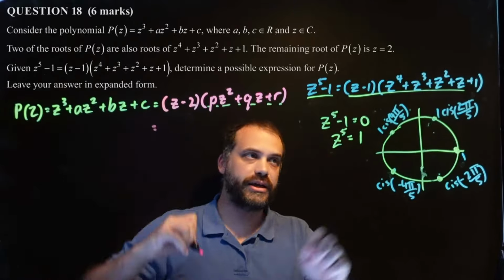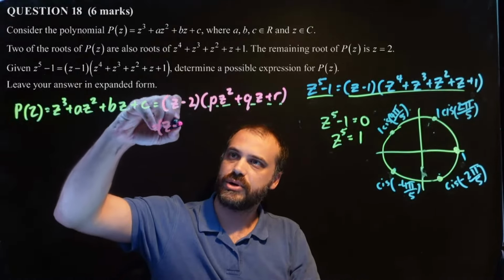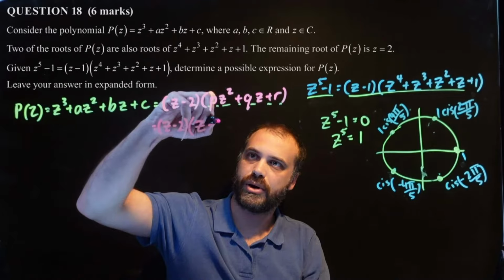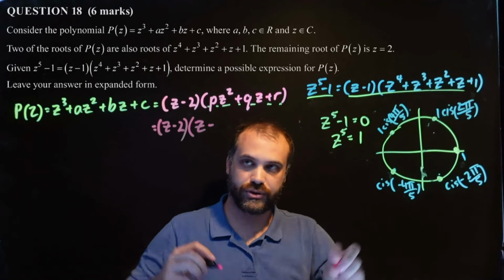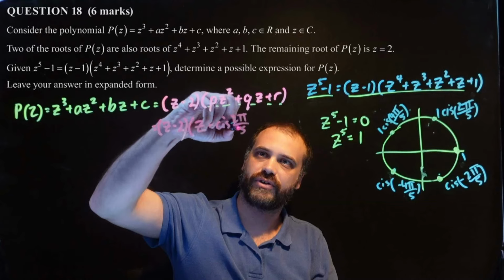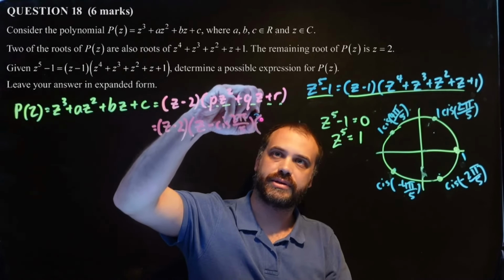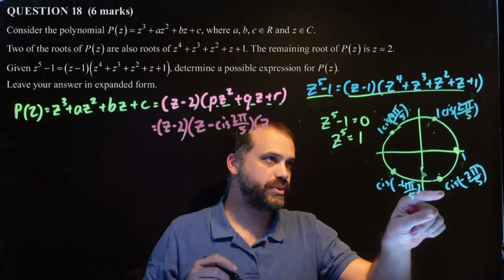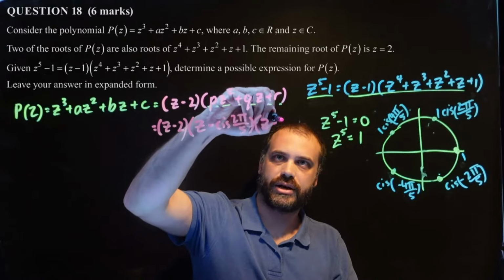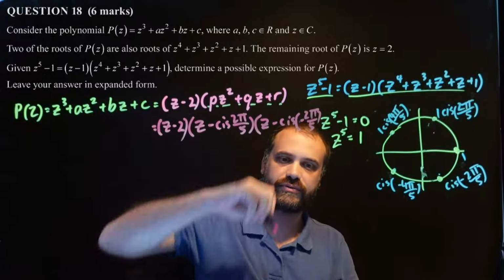Well, if these are roots of our thing, we're going to end up with z minus 2, bracket z minus 1 of the roots, cis 2 pi on 5, bracket the other root, z, and so this one is positive, so we're going z minus cis negative 2 pi on 5.